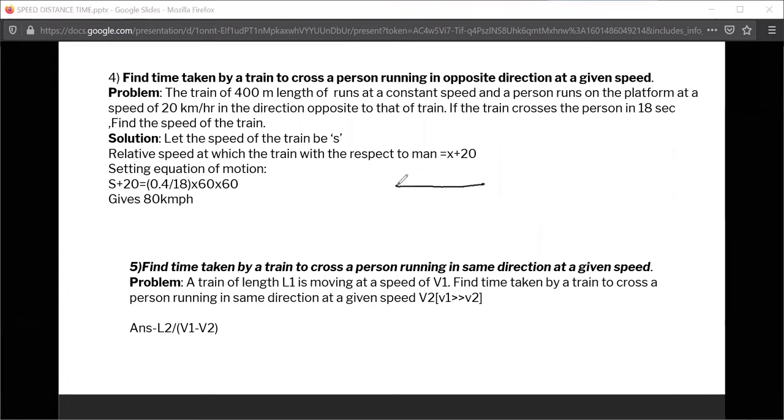Suppose you have a train which is moving with a particular speed and the person is running in the opposite direction with a certain speed.